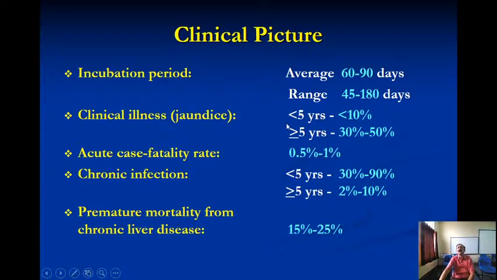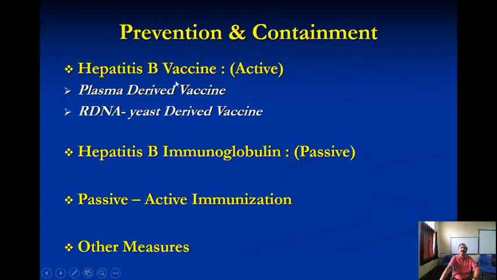This is the clinical illness can last for less than 5 years in less than 10% of cases, and greater than 5 years for 30 to 50% of cases. The rest of the cases is indeterminate as such. Acute case fatality is 0.5 to 1%. And the premature mortality from chronic liver disease is 15 to 25%.